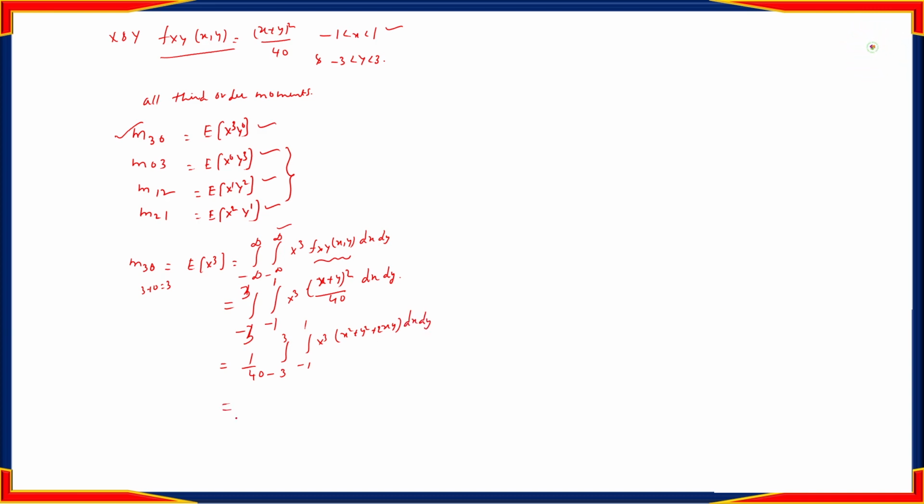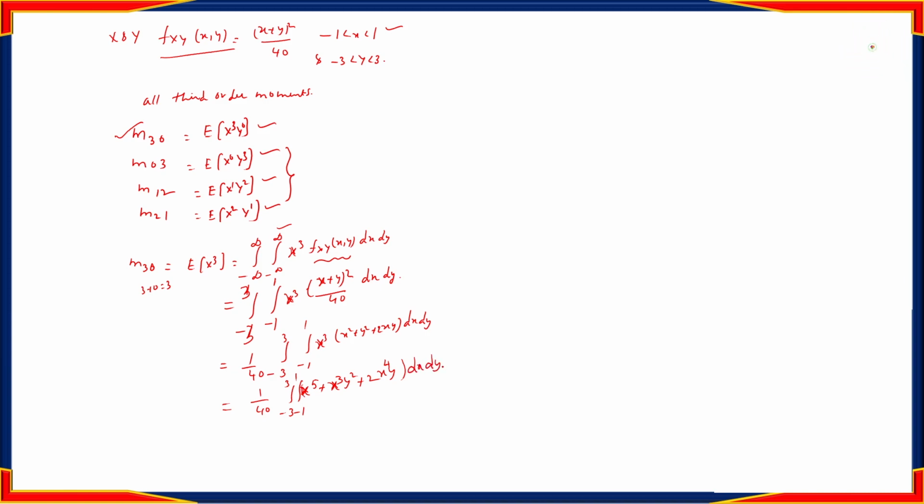Now separate the x terms and y terms. 1 by 40 integral minus 3 to 3, integral minus 1 to 1, x power 5 plus x power 3 y square plus 2 x power 4 y, dx dy.